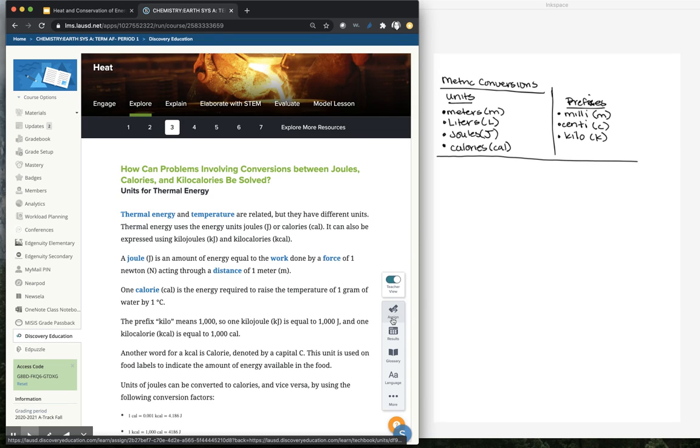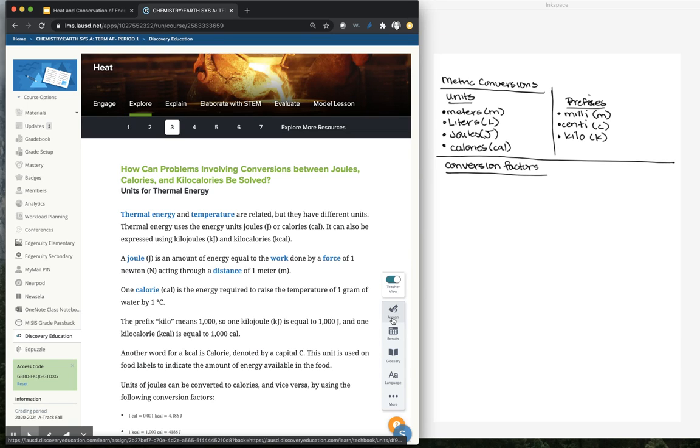So the next thing I'm going to talk about is conversion factors. Conversion factors help us go from one unit to a different unit.